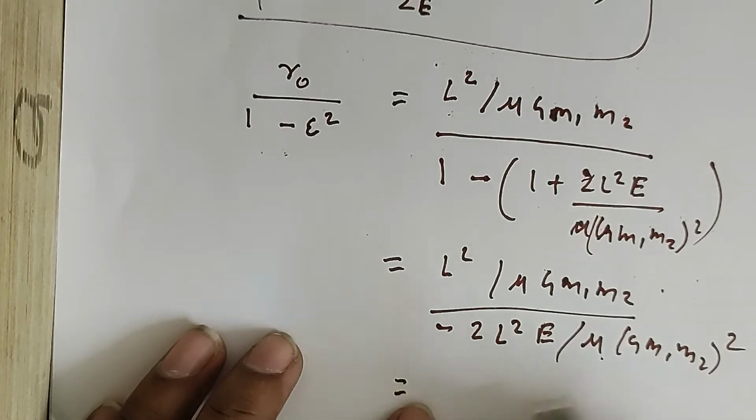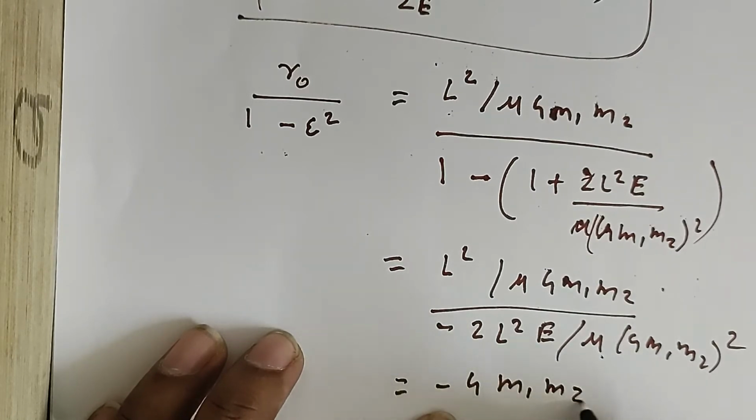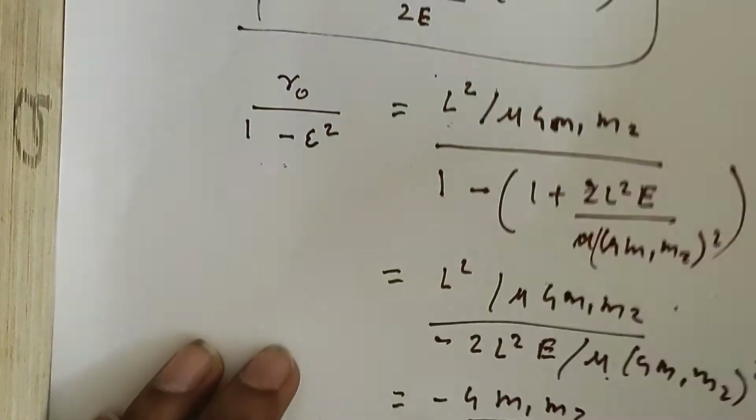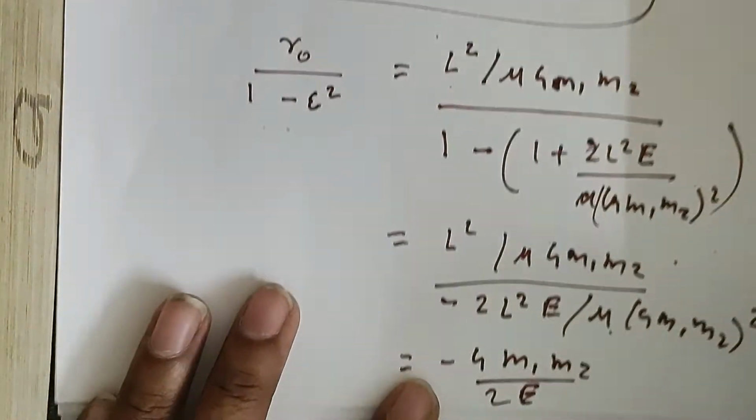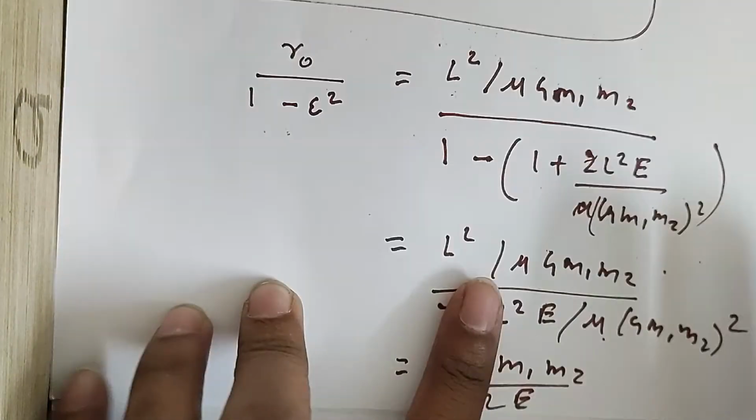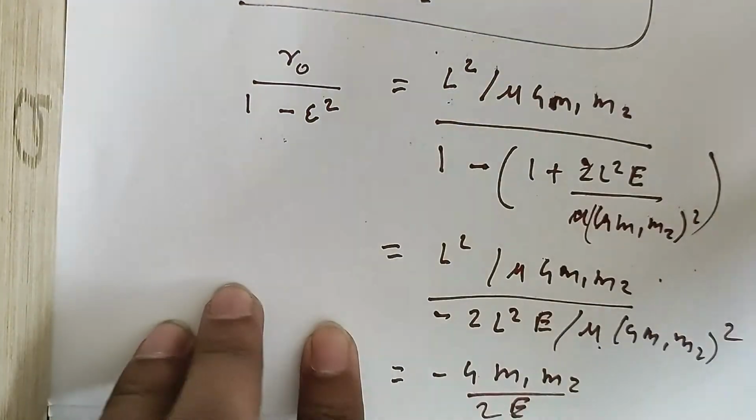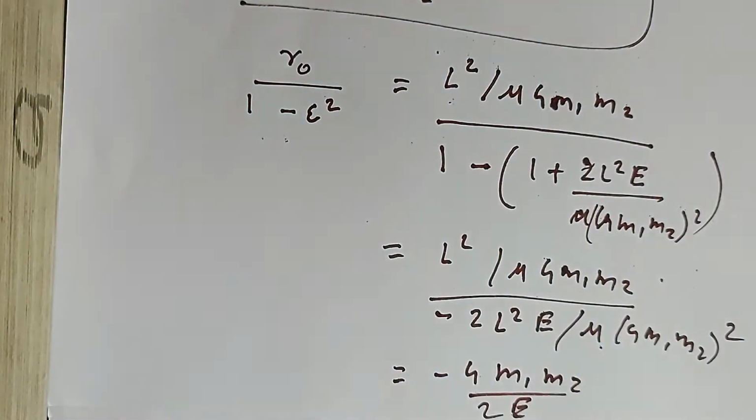I'll get a further simplified equation of minus G m1 m2 upon E. Let me rewrite this equation. If you haven't understood the mathematics here, the manipulations, I'll suggest just leave it, because if you ponder over little things, you might be really scared to tackle some of the more important things that we have to tackle now.